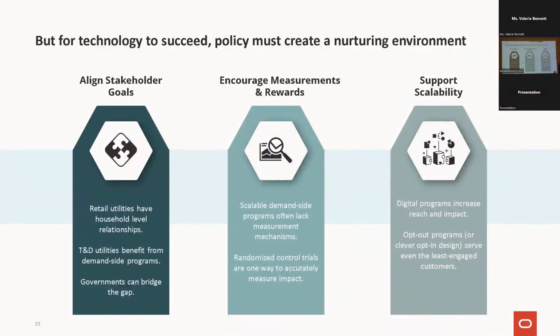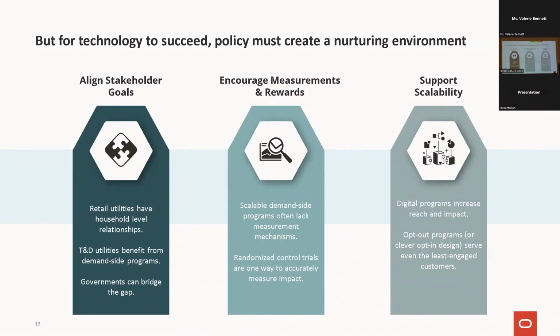But retail utilities don't stand to benefit from energy efficiency and peak management programs. The pain that those programs improve is mostly felt by transmission and distribution utilities. Where there's a separation of that pain and that opportunity, governments can and should bridge the gap.